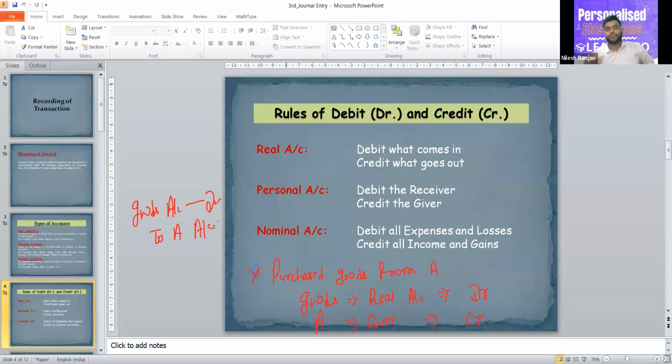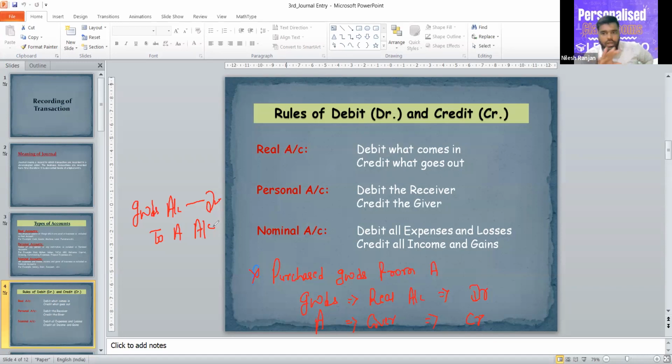Okay, sir. So in every transaction, you have to understand which accounts are affected by this transaction. When we determine the account's name, then we will see in which category it belongs: real account, personal account, or nominal account. In any of these three categories it can belong.